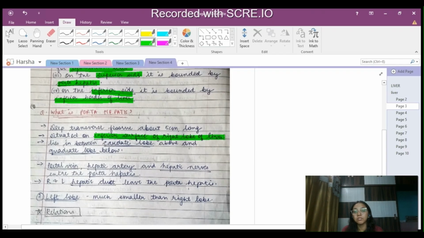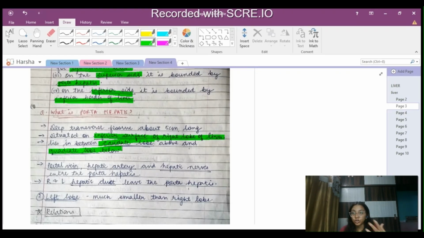It lies between the caudate lobe above and the quadrate lobe below, as we have seen that the quadrate lobe has the porta hepatis as its superior border, and the caudate lobe has it as its inferior border.